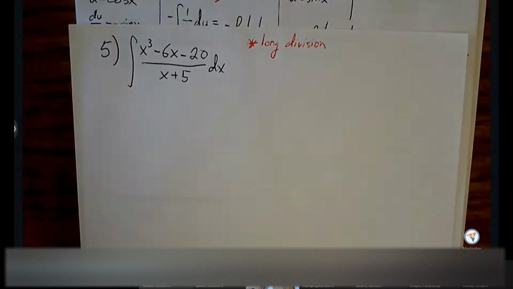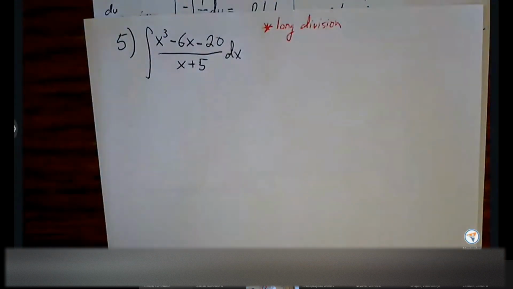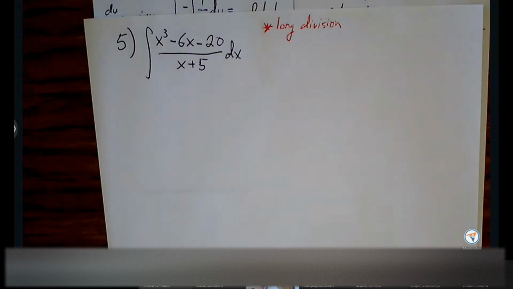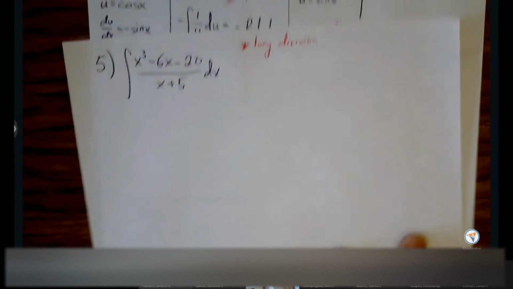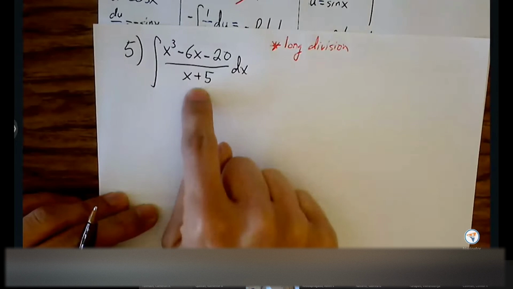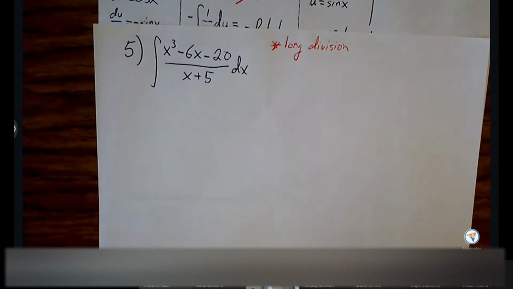The purpose of long division is not to solve the problem, but it will give us a different form of the problem that hopefully leads us to something we can actually work with.